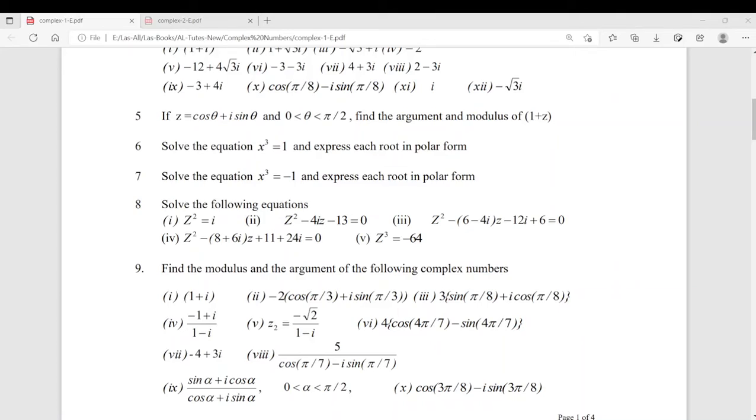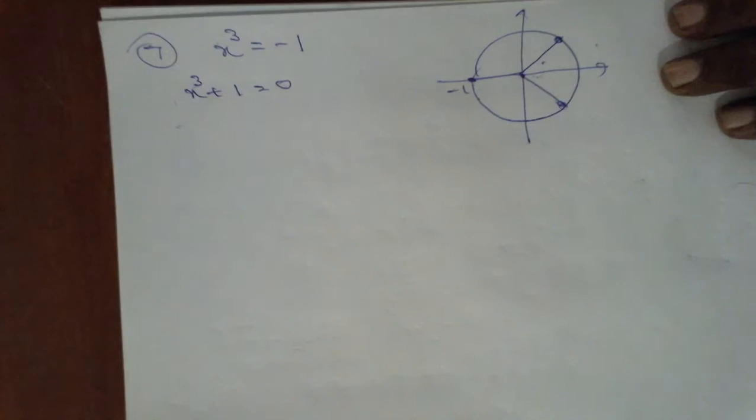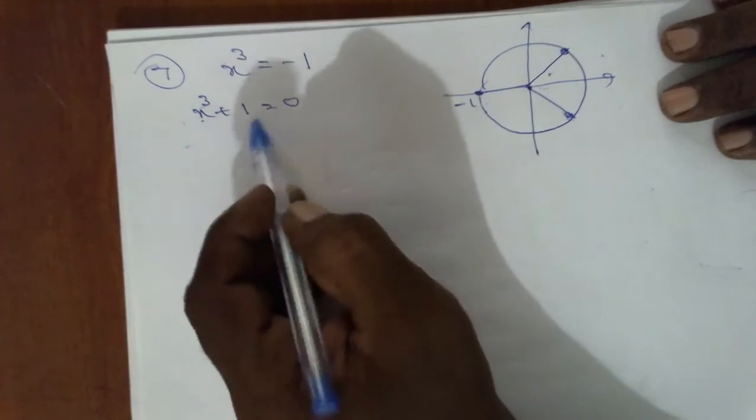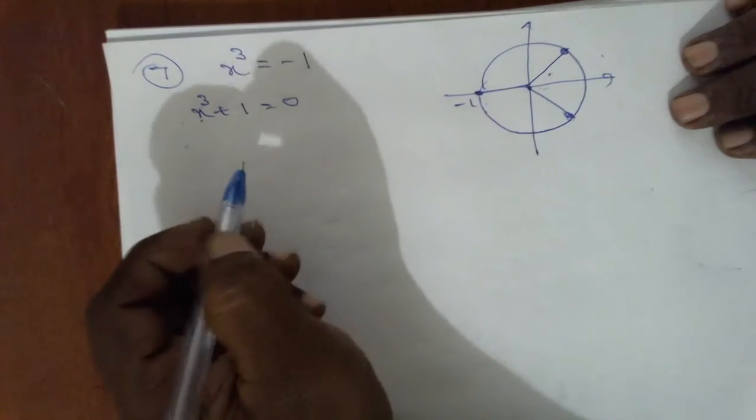Then question number 7: x cube equals minus 1. Express each of the roots in polar form. Right, this one. x cube equals minus 1, so x cube plus 1 equals 0.